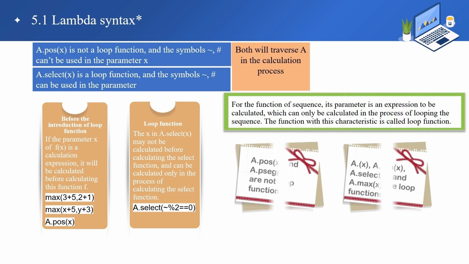For the function of a sequence, its parameter is an expression to be calculated, which can only be calculated in the process of looping the sequence. The function with this characteristic is called a loop function. Therefore, a.posex and a.psegx are not loop functions, while a.x, a.runx, a.selectx and a.maxx are loop functions.